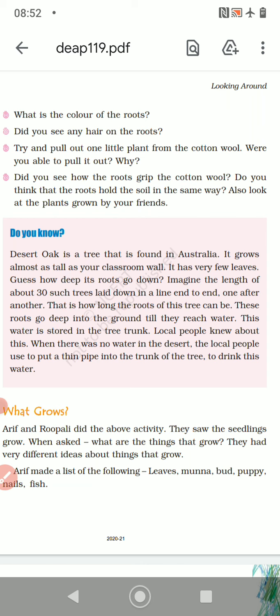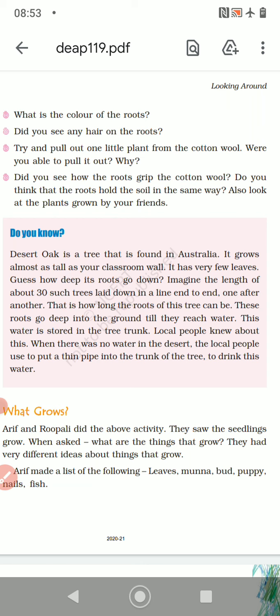Okay. Now these roots go deep into the ground till they reach water, because in the desert you will get water very deep down. Hardly you have water. So these trees which are found in the desert, they have the tendency to reach down for the water. So they are very long. Okay.